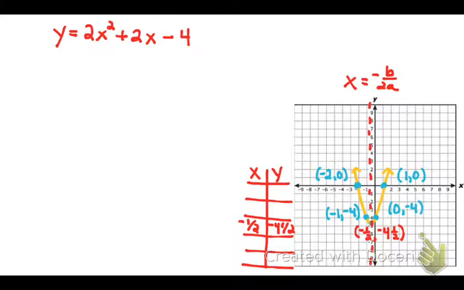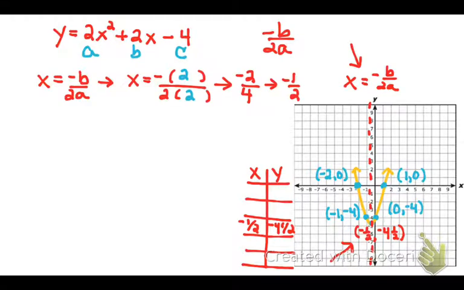Recall in Algebra 1 that you used negative b over 2a to identify the vertex, the highest or, in this case, the lowest point, and we used x equals negative b over 2a to identify the axis of symmetry. So we're going to begin with identifying our coefficients a, b, c, and inputting them into the negative b over 2a to determine the axis of symmetry.